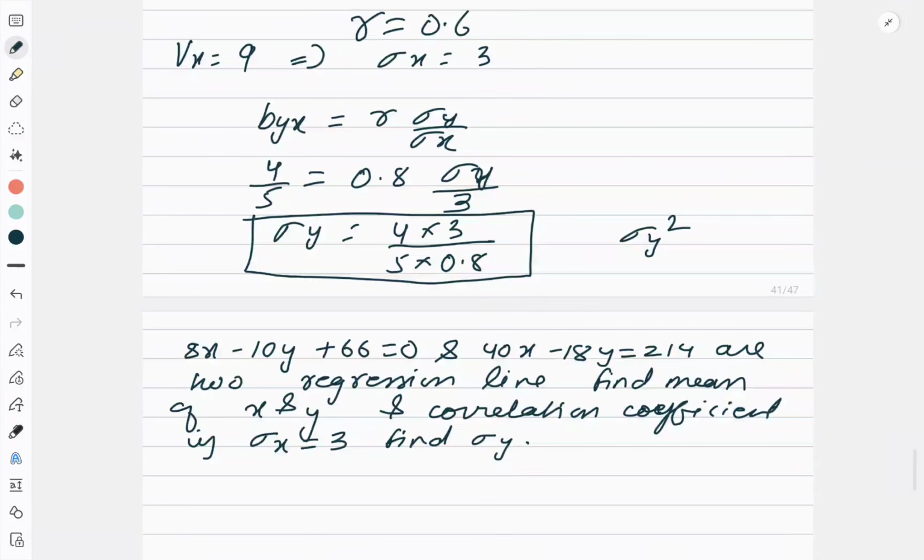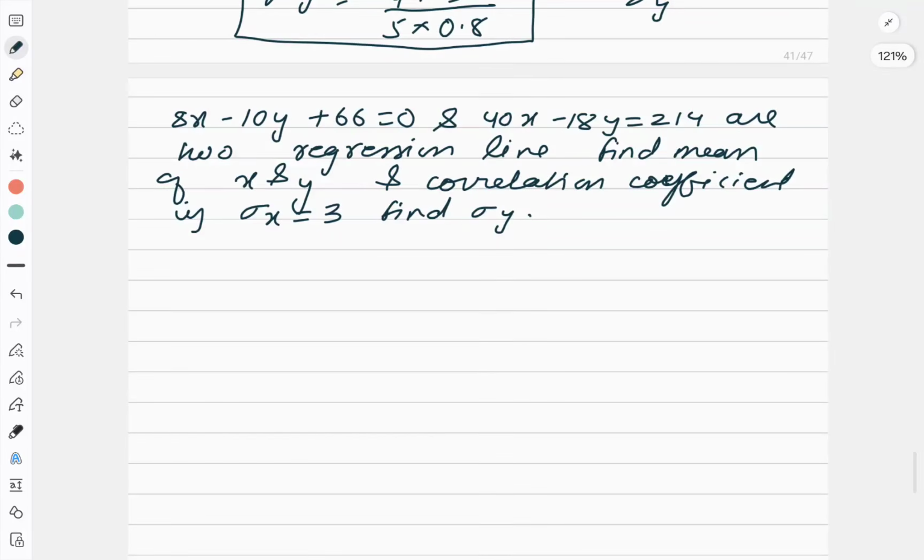Now let's move to the next question. In the next question, again there are two regression lines given and I'm supposed to find out the mean of x and y, and r, and also sigma y. So now let us quickly do this one. So now I have 8x minus 10y plus 66 is equal to 0.